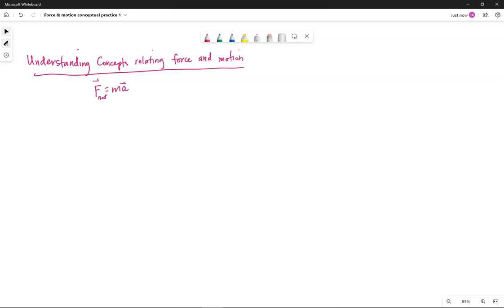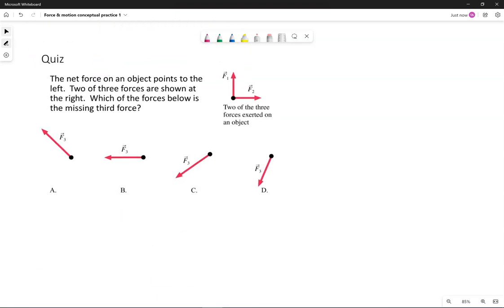This is going to be similar to the free body diagram practice questions, but they're going to involve more than just recognizing the free body diagram. So we will be still looking at the free body diagram, what forces are acting on the object, but relating that to what the object is doing. So let's start with this question.